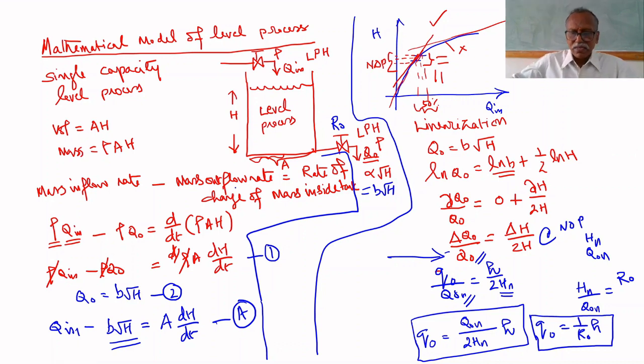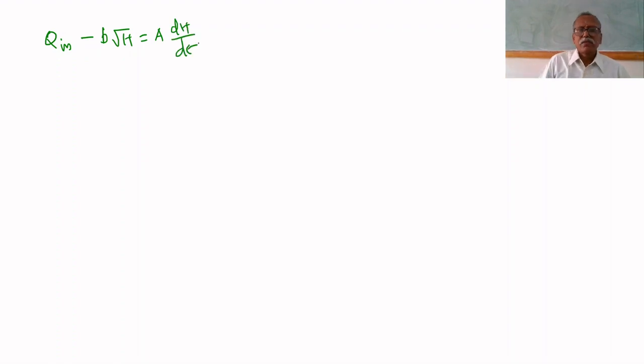Now we can come to that nonlinear equation. Let the relationship be B. Now we can come to the first relation again. What is that? Q in minus B root H equal to A dH by dt. This is a nonlinear relationship.